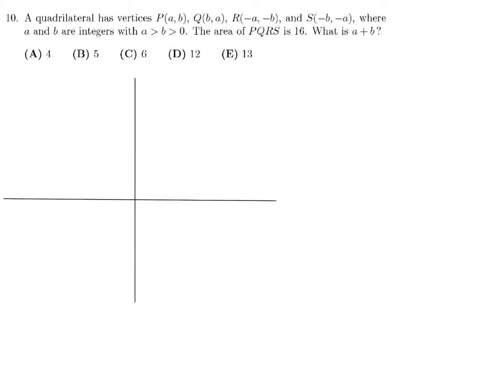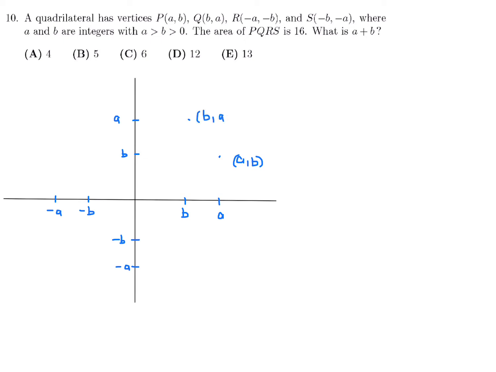So A is greater than B, so I'll put B here and then A out here. And then very similarly, we can put negative B, negative A, and so on, right? B, A, negative B, negative A. So (A, B) would be approximately here, and then (B, A), that's here, approximately.